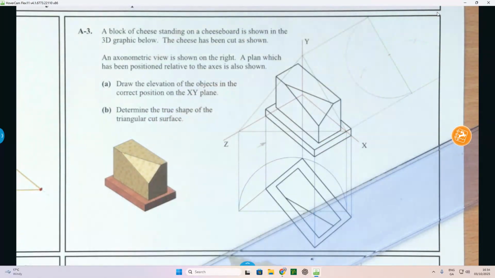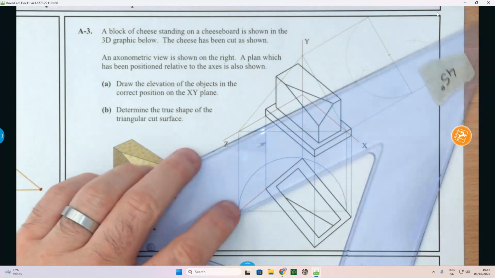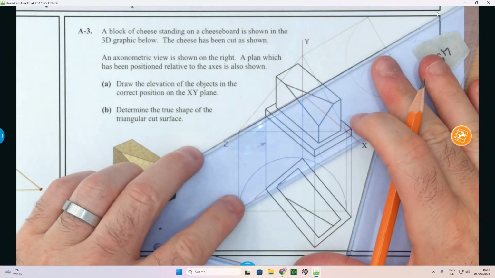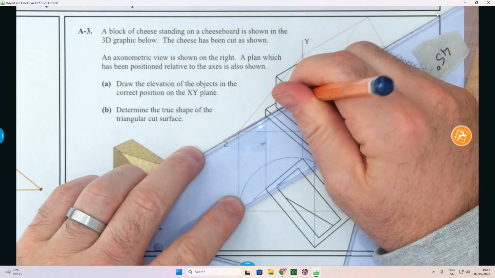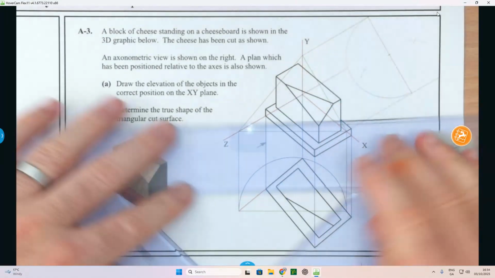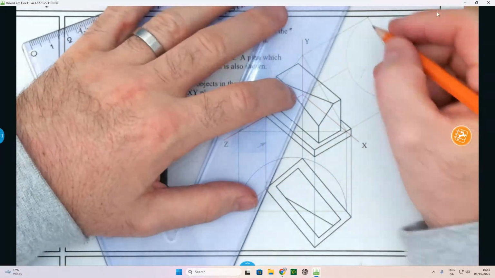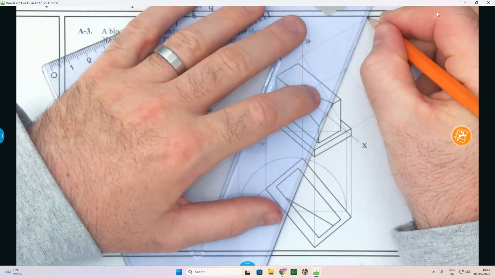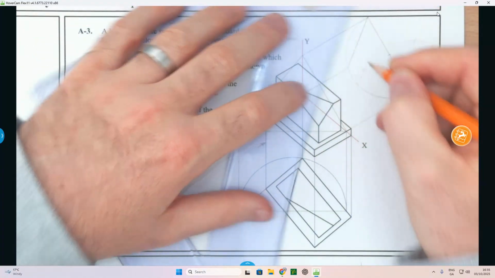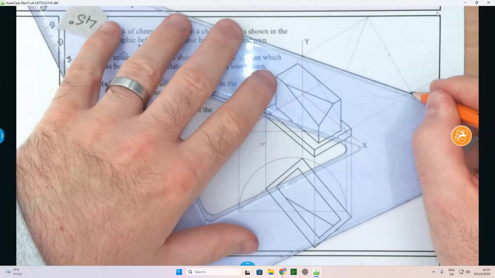Okay, a little bit of inaccuracy down there, but it's okay. Now, what I do is I extend out the z-axis until it hits the semicircle. Now, when it hits the semicircle, that's going to give me a point that I'm going to create my 90-degree angle with.